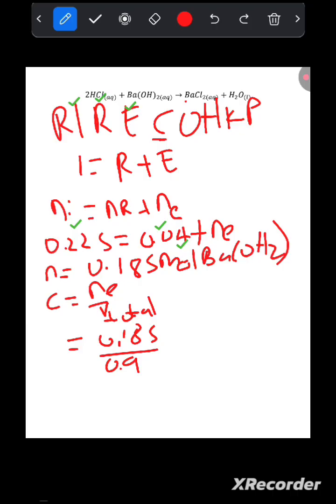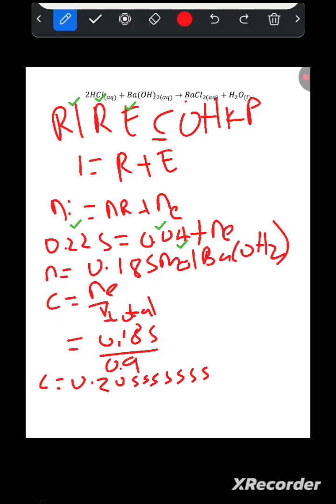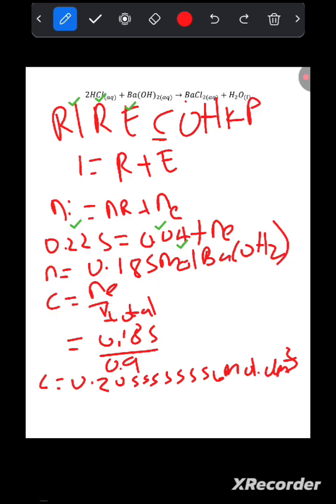That is our total volume. So now the concentration is equal to 0.2055555, just like that, mole per cubic decimeter. Right, so now this is the concentration.